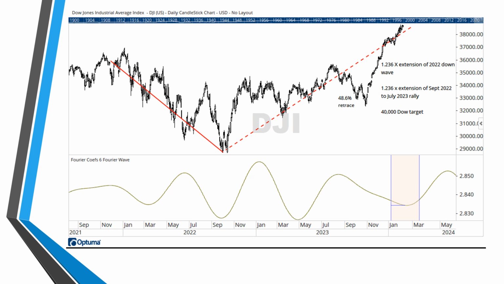The cosine model with 6 factors is showing an inflection point coming in, yeah, you guessed it, late February. And so when I see Fibonacci math, Georg Bayer astrology, and Fourier cosine modeling pointing to something happening in late February, the hairs on the back of my neck start to stand up. Be very, very careful if you're contemplating going into the markets right now, because these tech stocks, if they do decide to take a haircut, it's going to get rather crazy out there for a while until the dust settles.